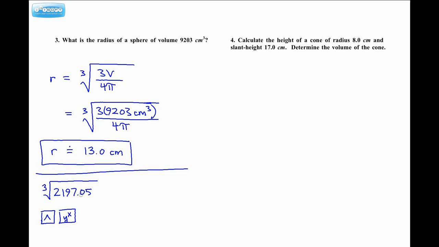With this number in your display, hit your power button, then open a set of brackets and type 1/3 or 1 divided by 3, make sure you close your bracket, and then hit equals. If you do it correctly, you should get 13.000 whatever. So play around with this, but make sure you can get this answer.